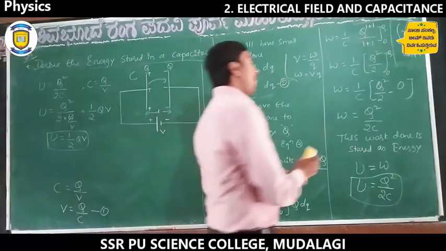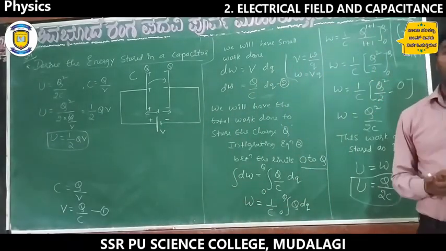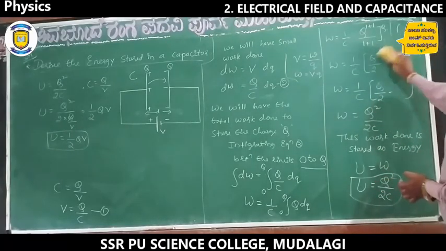Next we have capacitors in series and capacitors in parallel. That is said to be combinations of capacitors.